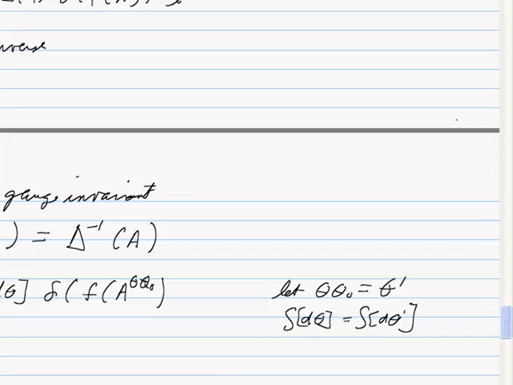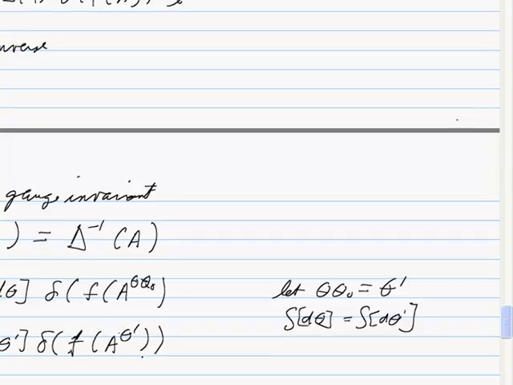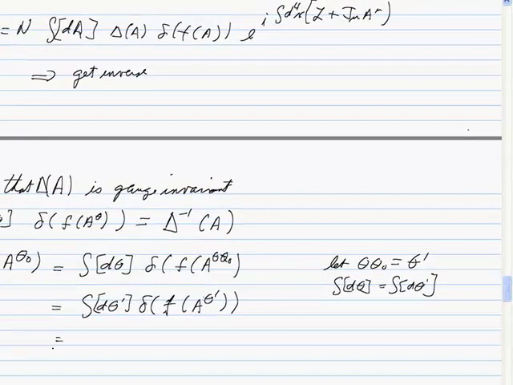And this formula then reduces to the integral d theta prime, delta of f of A of theta prime, which is just our original definition of delta minus 1 of A itself.